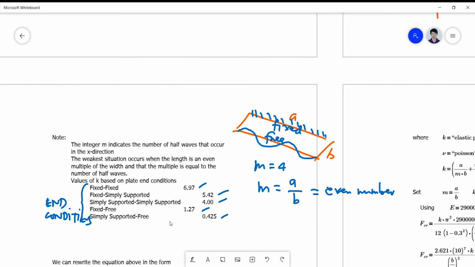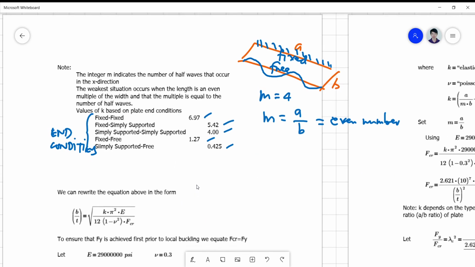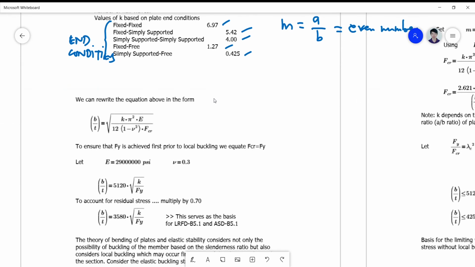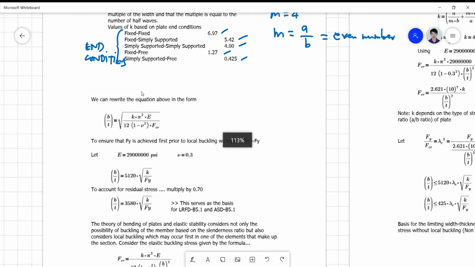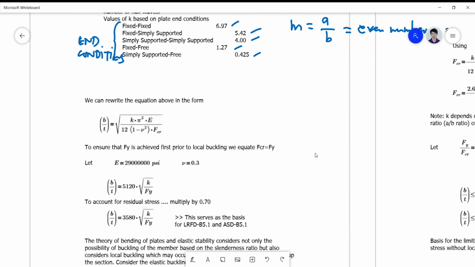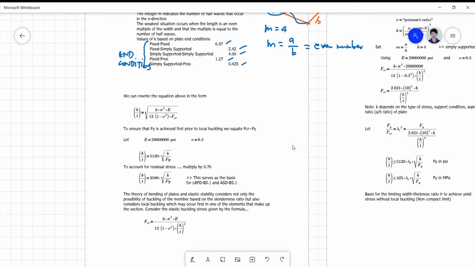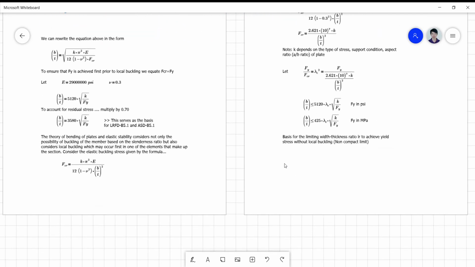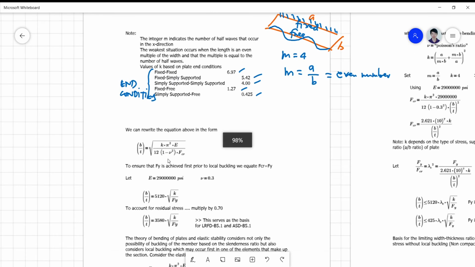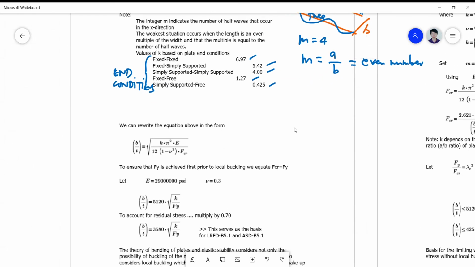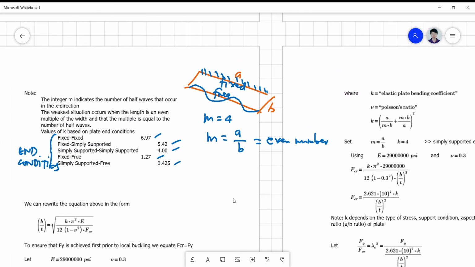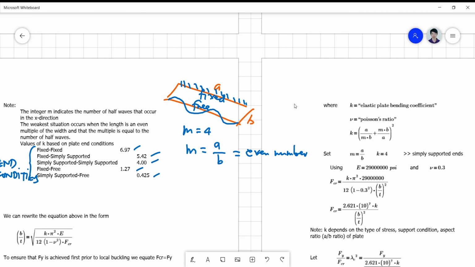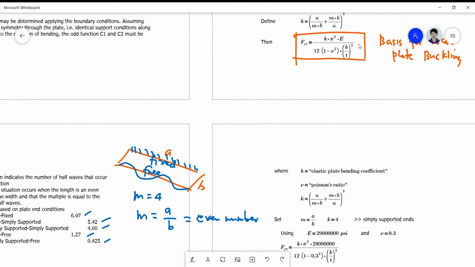So we can rewrite the equation now above in the form B over T. Okay, so we are referring to the equation here.